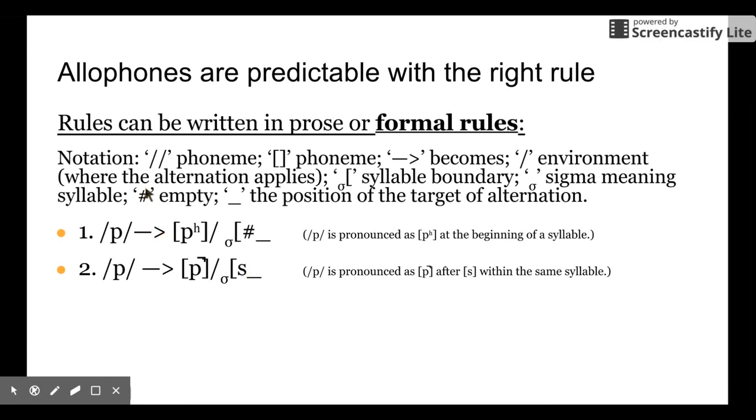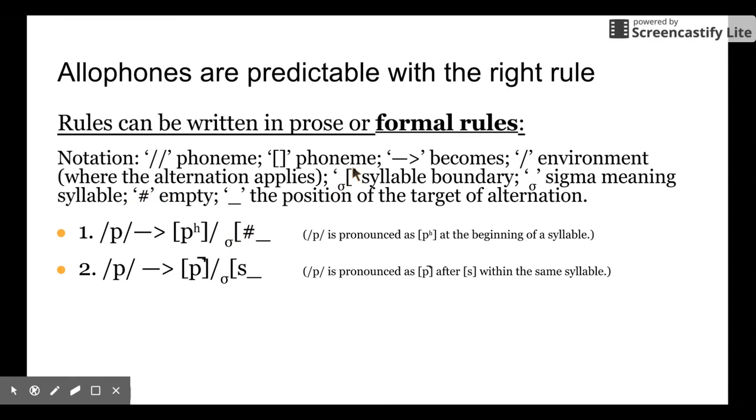So there are some specific notations. We are familiar with these, right? Slashes for phoneme, square brackets for phones. And the arrow means become, right? And we use a slash to indicate the environment where the alternation applies.